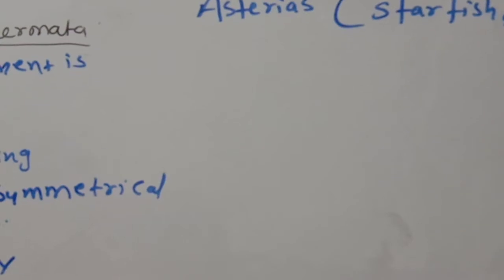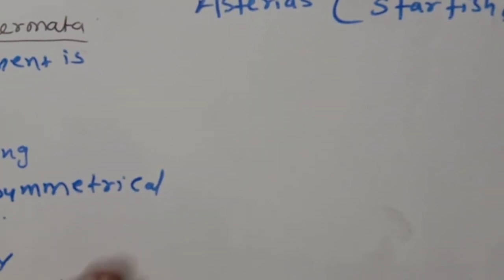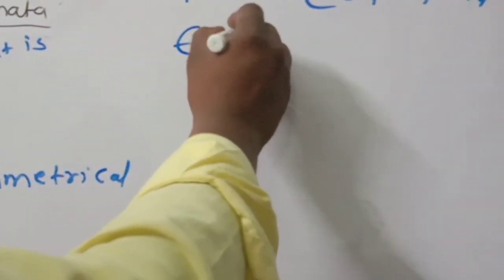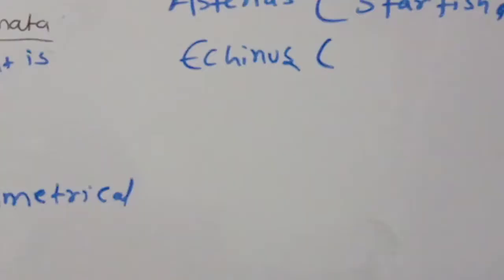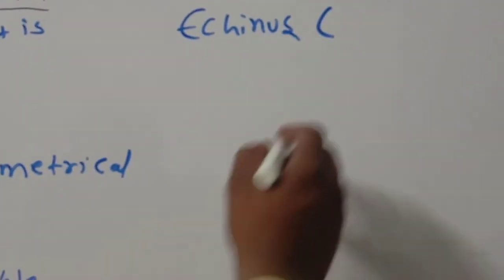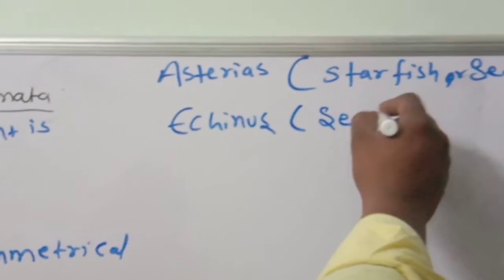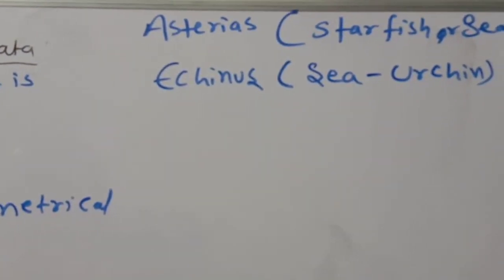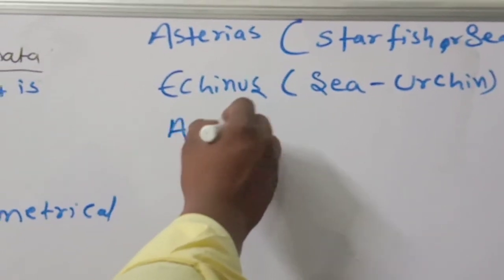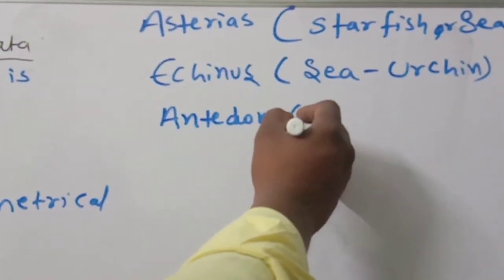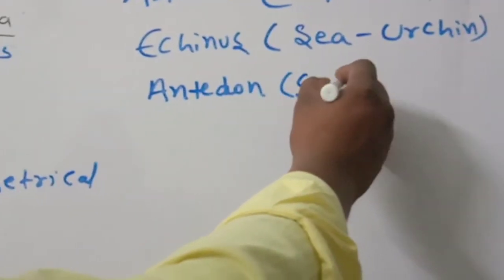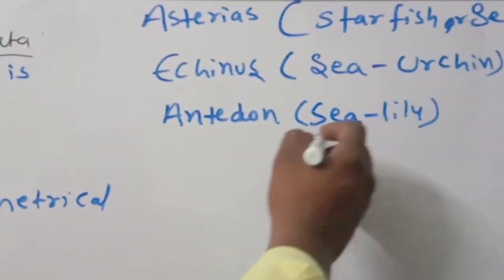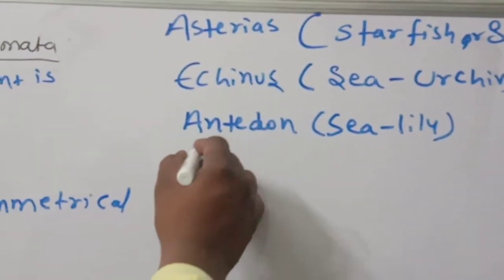The next important one is Echinus. Echinus is the sea urchin. Remember this point. Next, Antedon. What is Antedon? Sea lily. Next one, Cucumaria.